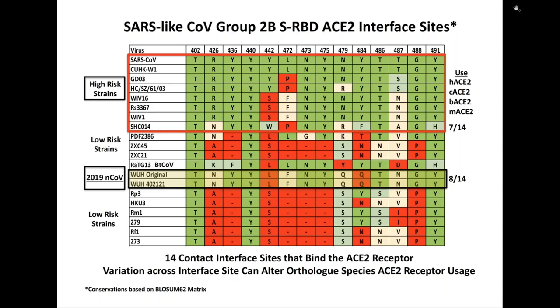The Wuhan strain retains 8 of 14 contact interface sites, either at high or slightly lower level of efficiency of interaction, and also has unique variation that has not been seen in other strains. Note that the low-risk strains contain deletions within the receptor binding domain, which sort of explain why these viruses can't use ACE2 to mediate docking and entry into cells. Next slide.